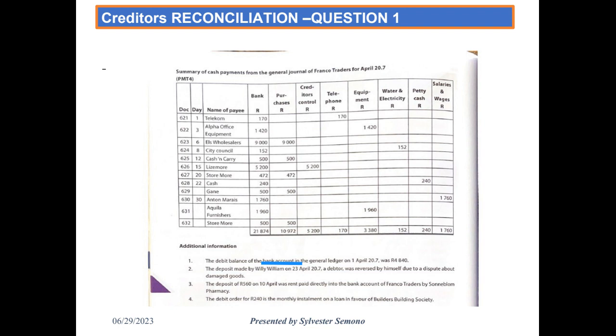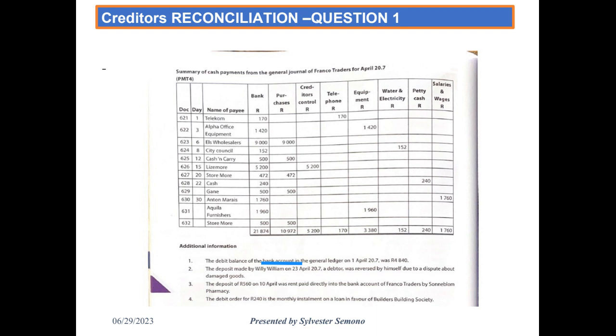If it was reversed due to the dispute, what do you think is going to happen? Where are we going to record that?